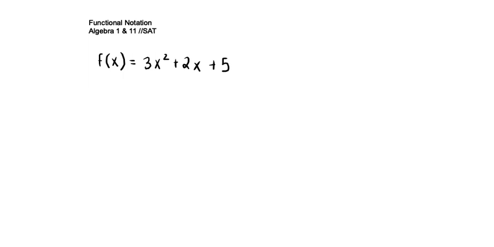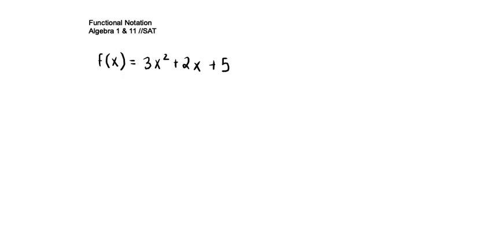The x term is throughout the function, and it's being combined with other terms to form this f of x term. It seems like f of x is this type of final product, and x is this initial thing that's put into the function. Let's try to define this and see if that helps us make sense of it.